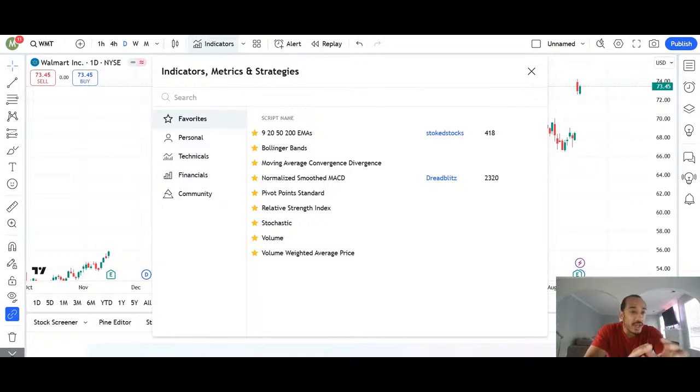Those are moving averages for a 9 period day, a 20 period day. That's how the stock moves within that 9 period or 20 period day. So if you add that onto the chart, those can play as levels of support and resistance. So let's go back to the chart.